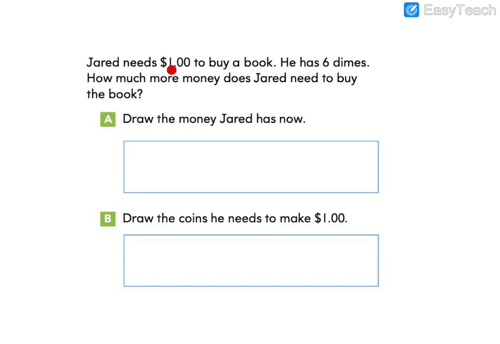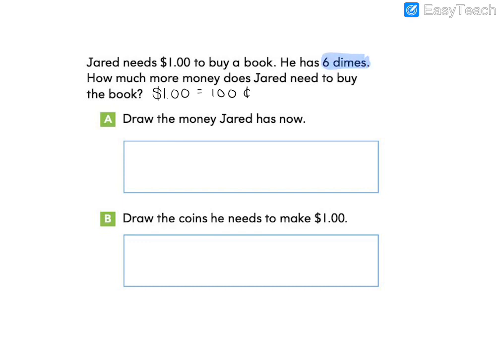Jared needs $1 to buy a book. He has 6 dimes. How much more money does Jared need to buy the book? Okay, so remember, $1 is equal to 100 cents. We know that Jared has 6 dimes.